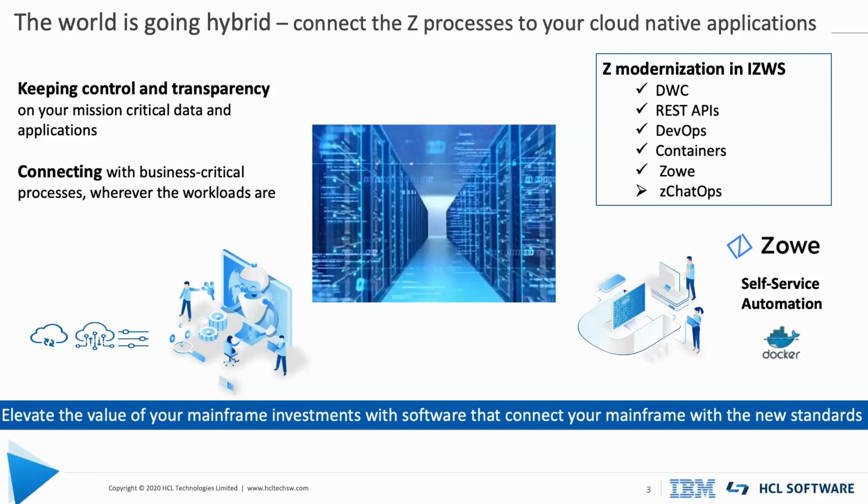We can see that although there is an important trend to move many applications to cloud or to write new cloud native applications, there is still a need to keep some of the applications running on premises, and in particular on the Z platform, where we know that there are many advantages for critical data and applications.